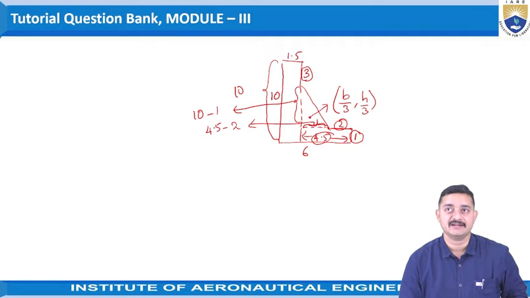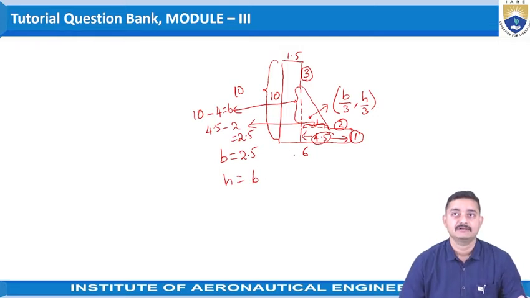We subtract that 4 from the 10 and obtain the value as 6. So this would be 2.5. So the base of the triangle is 2.5 and the height of the triangle is 6. Right? So in this way we can give the values.